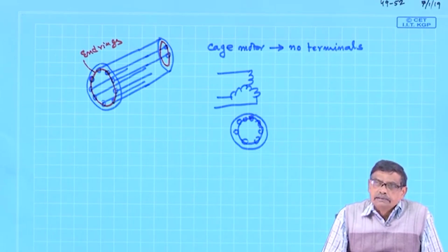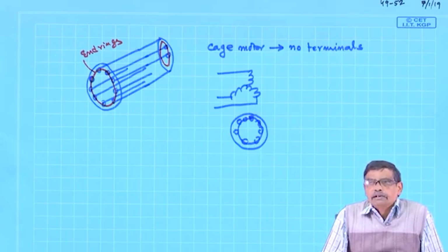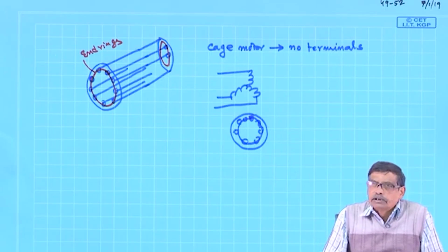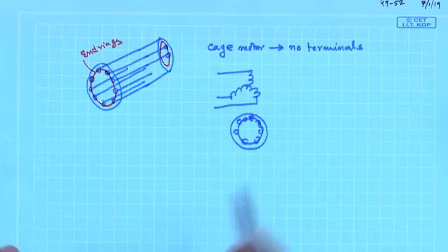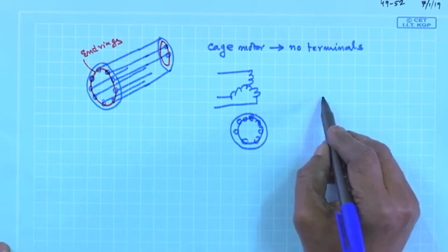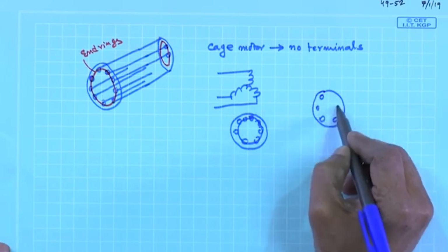The answer is not difficult to obtain, because in a normal slip ring induction motor, you have to keep the rotor terminals shorted. Here also rotor terminals are kept shorted. To understand, you think in this way that these are the cage bars.